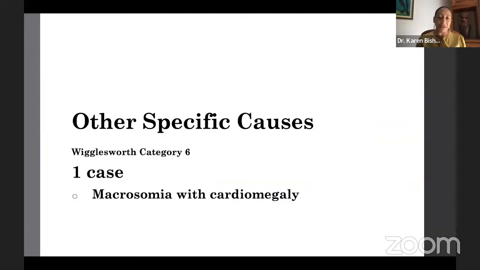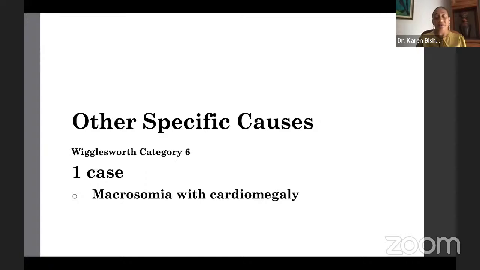I think we mentioned the baby with macrosomia and cardiac findings earlier. So at autopsy, by the time baby came to autopsy, I think edema secondary to all the complications resulted in a weight that had just crossed 6,000 grams.